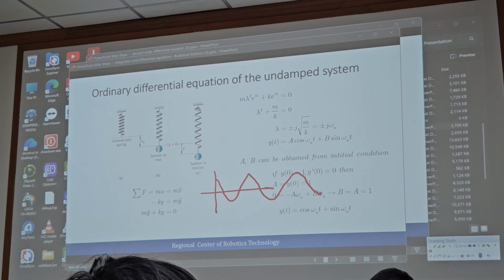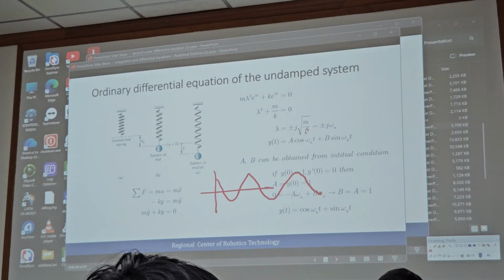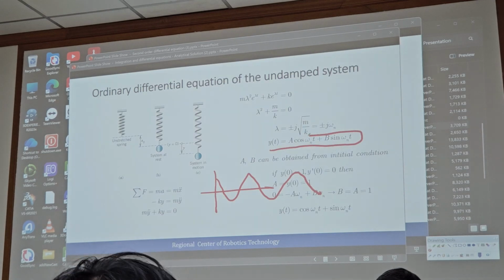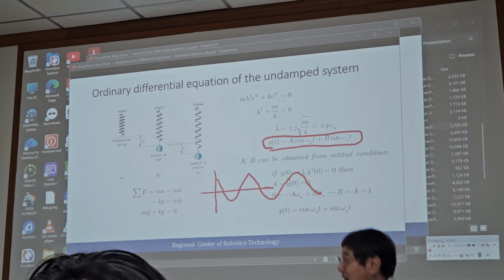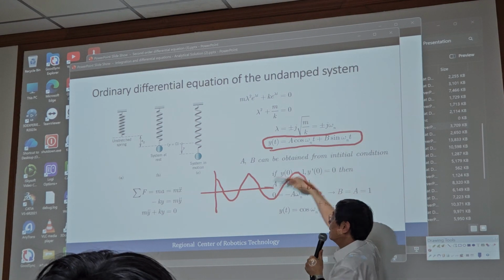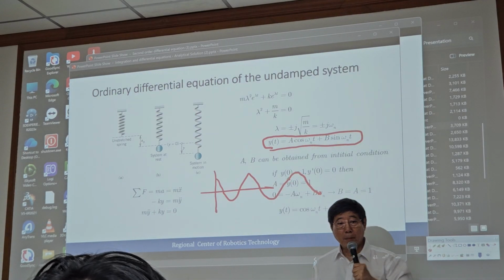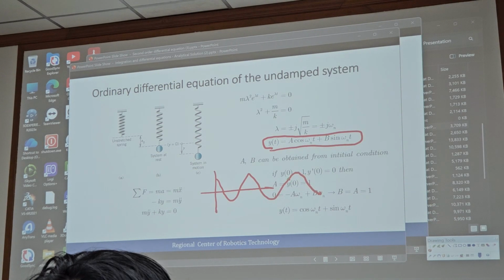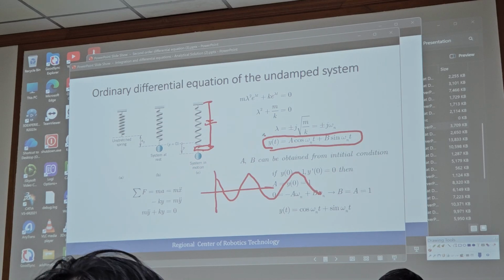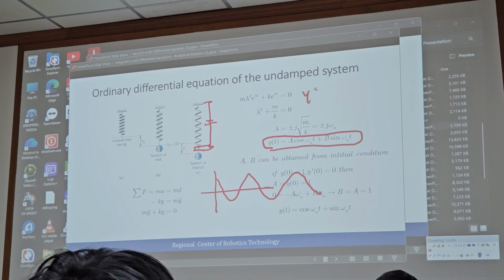Right? Spring. From this one, you see. Okay? See? It's cosine, right? But if you add them there, then you have another term, right?